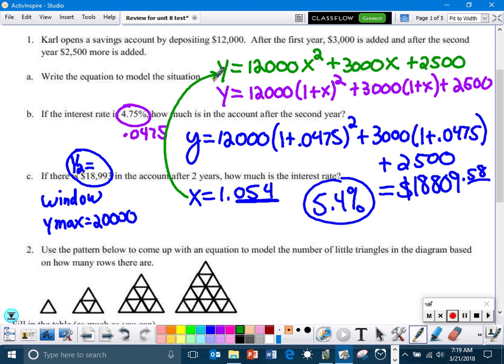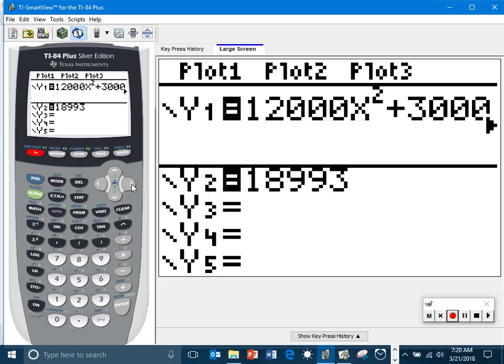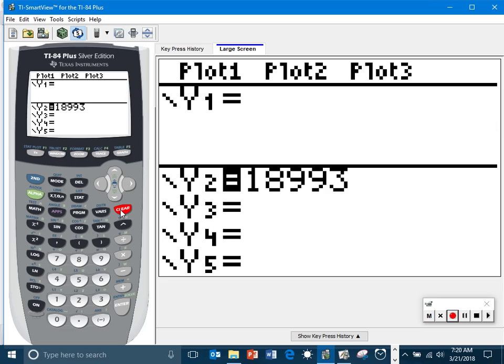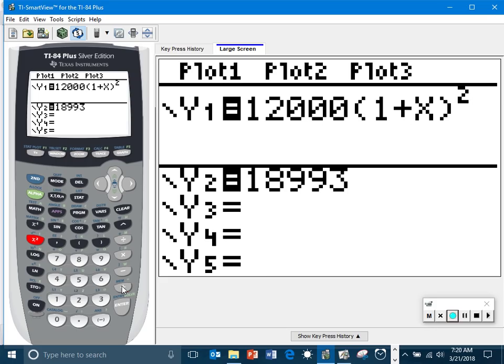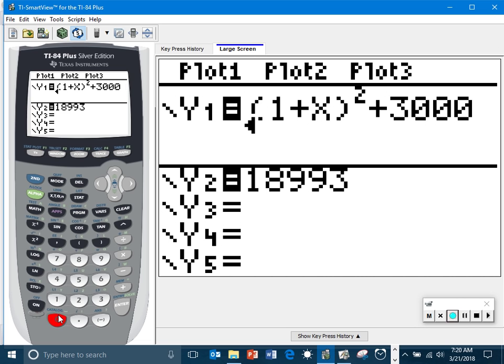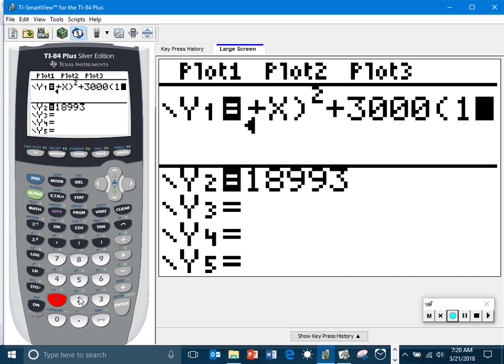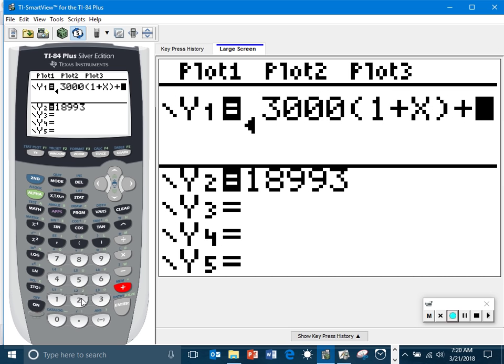Now I'm going to do it with the one in there already so you can see what it looks like. So again, I'm just going to go in here and type it all over again. I've got the 12,000 times 1 plus x squared plus the 3,000 times 1 plus x plus the 2,500.